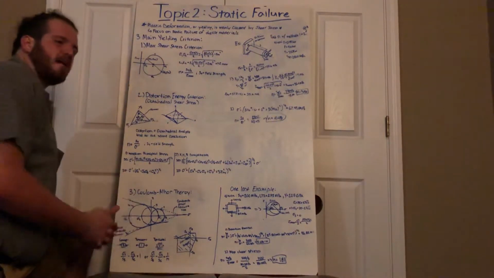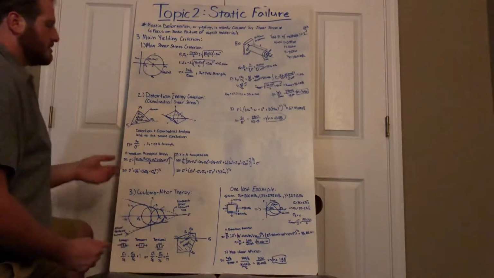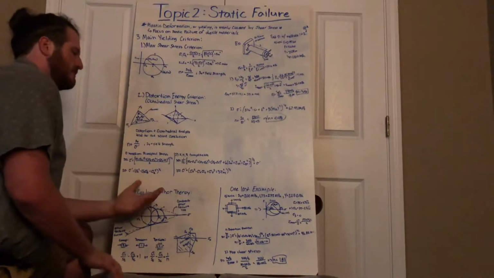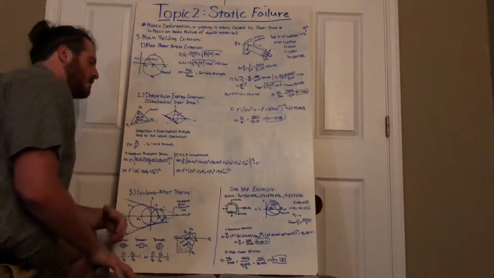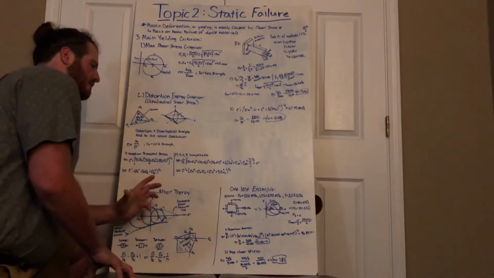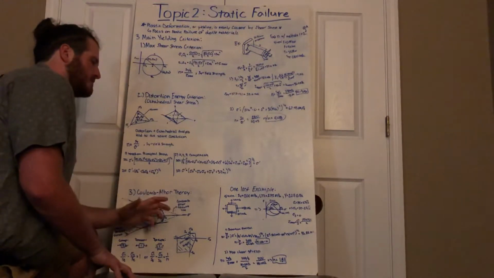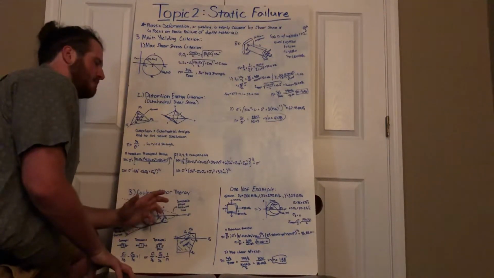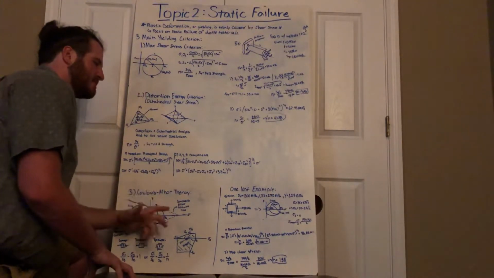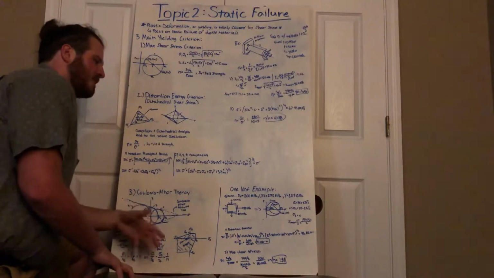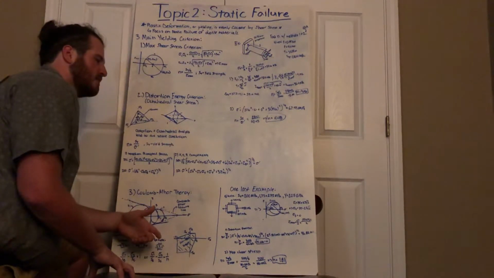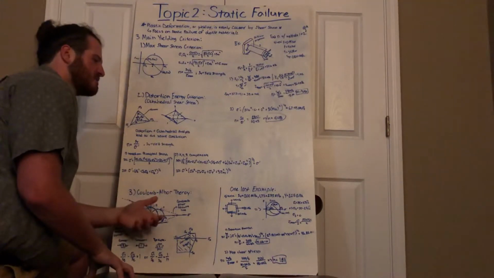You don't always necessarily have principal stresses. What may be easier is using XYZ components. So the 3D version of the XYZ components is 1 over root 2 times the big quantity of sigma x minus sigma y squared plus sigma y minus sigma z squared plus sigma z minus sigma x squared plus 6 times tau xy squared plus tau yz squared plus tau zx squared.